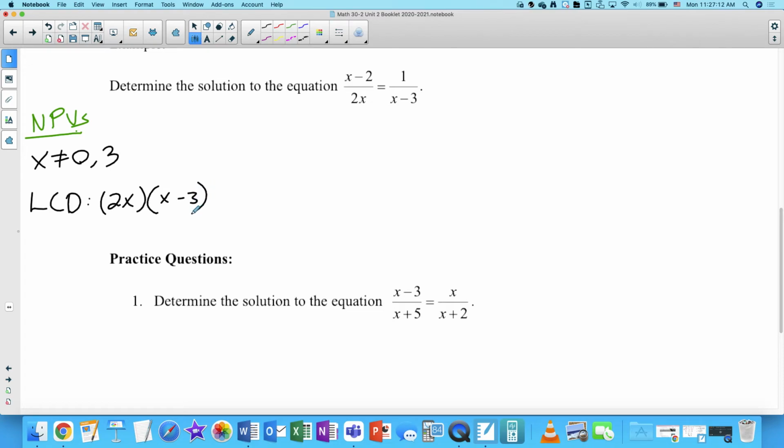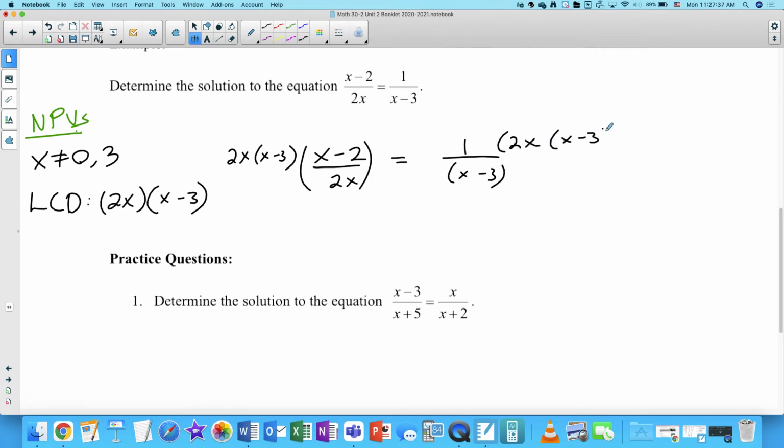Okay, so now the next thing we need to do is give yourself lots of space and multiply both sides by the LCD. Okay, and now we get to do the fun part, which is all the canceling.